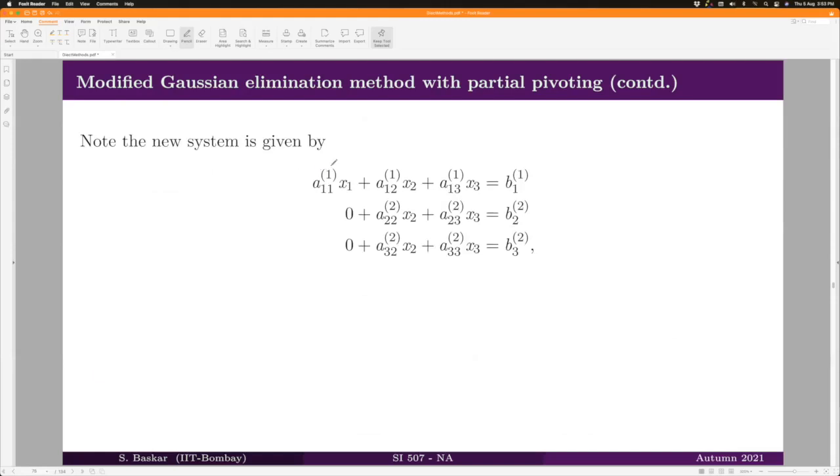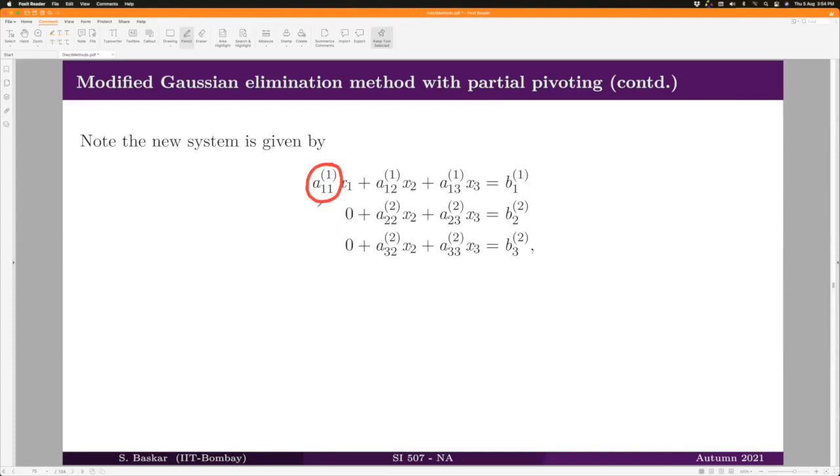The only thing is that now this coefficient is obtained by this partial pivoting technique. That is, taking the maximum modulus of the first column, whichever attains the maximum, you push that to the first equation, and the first equation is pushed to that position where the maximum is attained. That is what is called partial pivoting.